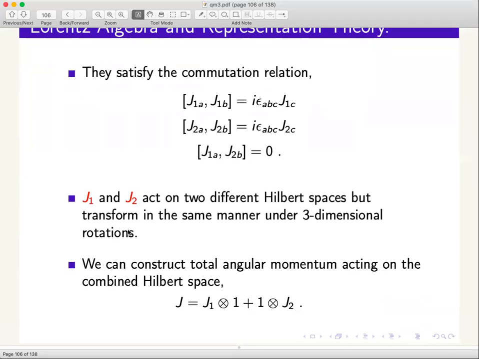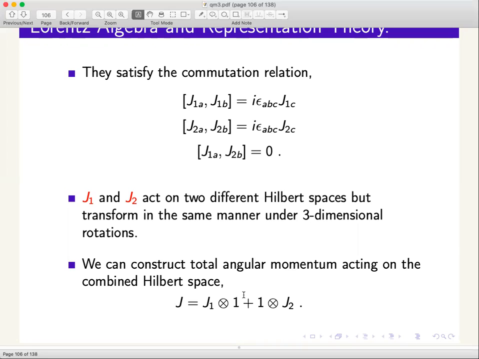So if you have these two kinds of generators, then you can construct a new total angular momentum generator, which is what we call J, and that in quantum mechanics we just write as L plus S. But L plus S is a bit of sloppy notation, simply because L acts on one Hilbert space, S acts on a different Hilbert space, and you don't really add those generators in a simple way like that.